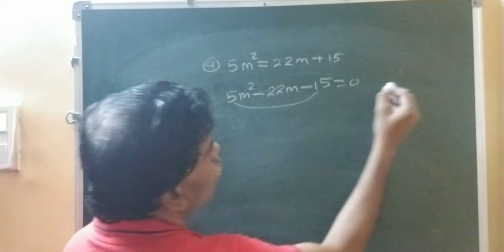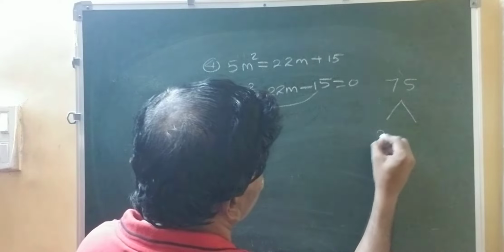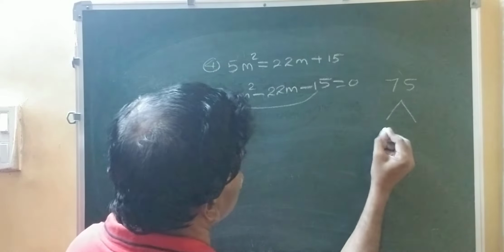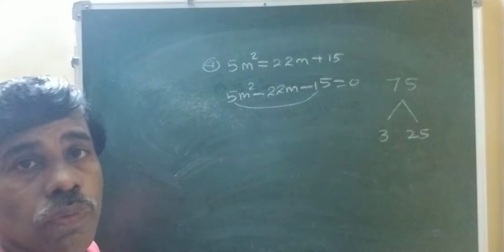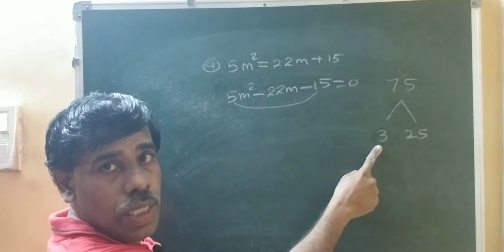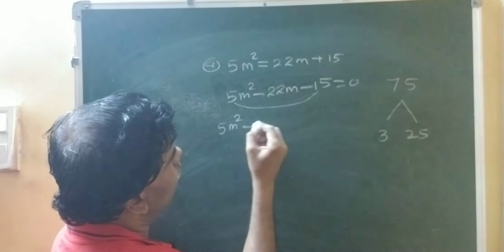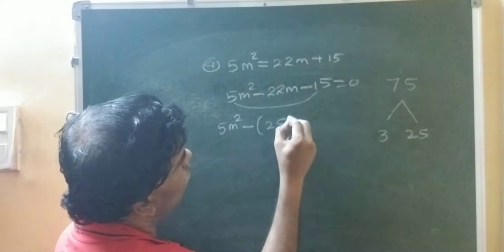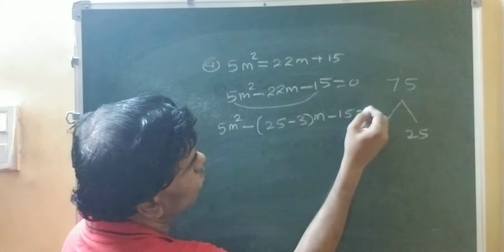So what should be that? 75. So 3 into 25. Now look at that. How we will get 22? 25 minus 3. So 5m square minus 25 minus 3 into m minus 15 is equal to 0.